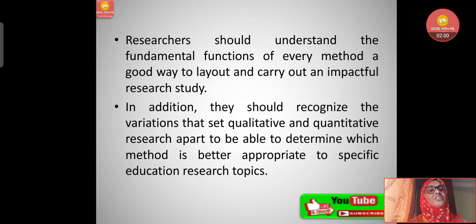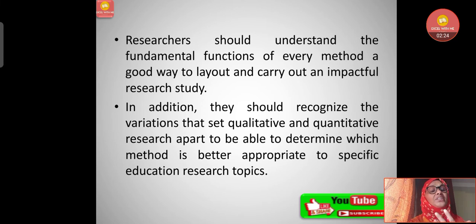In addition, they should recognize the variations that set qualitative and quantitative research apart to be able to determine which method is more appropriate to specific education research topics. All topics never recommend the same kind of research study or the same kind of approach. Different topics, different approaches.